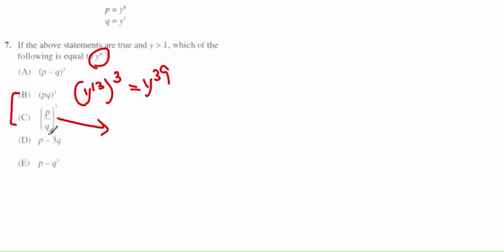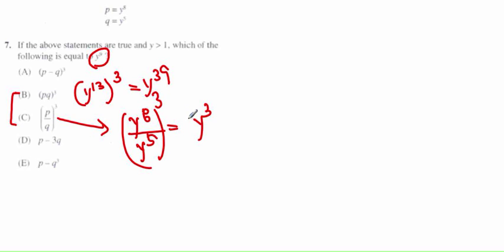On the other hand, looking at C, P is y to the 8th power divided by Q, which is y to the 5th power. And we know this one to be y to the 3rd power. But what is needed here is that we raise the whole thing to the 3rd power. Then you will realize that we have y to the 9th power. So therefore C becomes our answer.